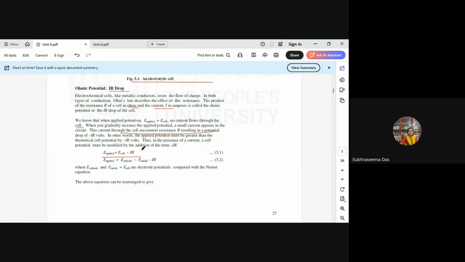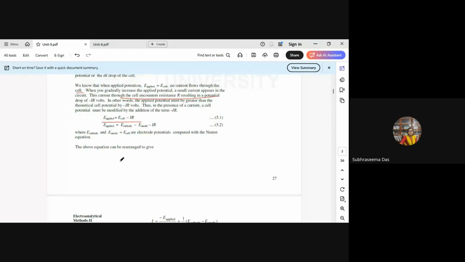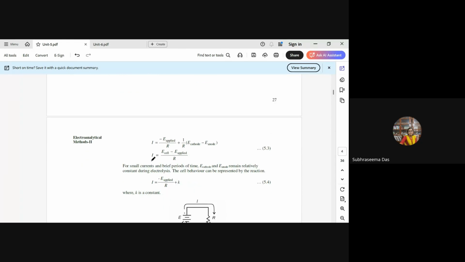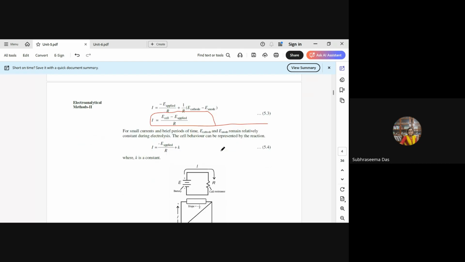If we elaborate this, we can write E applied is equal to E cathode minus E anode, minus IR. If we rearrange the above equation, we get the equation shown here in figure 5.3, that is I is equal to E cell minus E applied, divided by R. So that is the current that flows within the circuit: the cell potential minus the applied potential, divided by R. This is how we define the current that flows within the circuit.